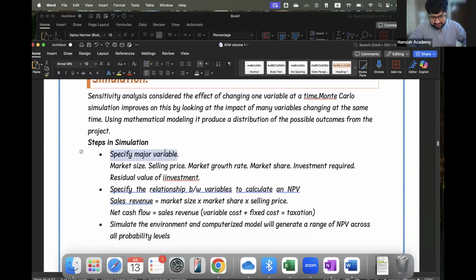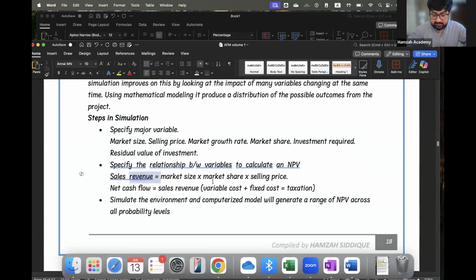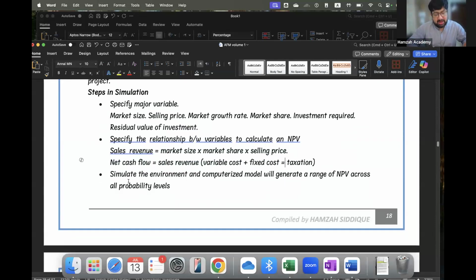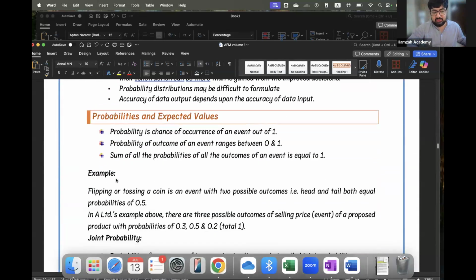First of all the variables: market size, selling price, growth rate, investment, residual value, and you specify the relationship between them to calculate NPV. Net cash flows, how they are calculated. Whatever the relationship is, you then run the program across all probability levels, and the solution is there.